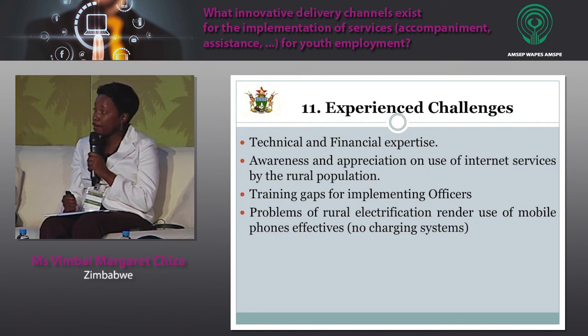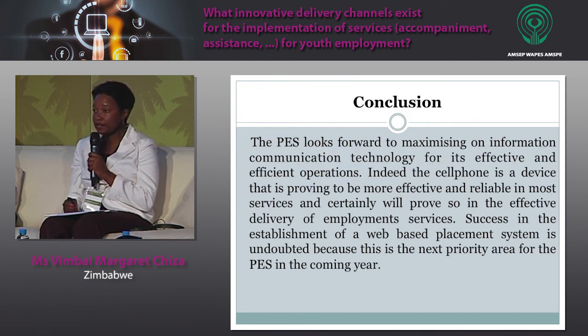Because there are no charging systems, some phones will not have access to the phone messages that will come through. But we hope that as the year progresses and next year, we will be able to complete the project very well.